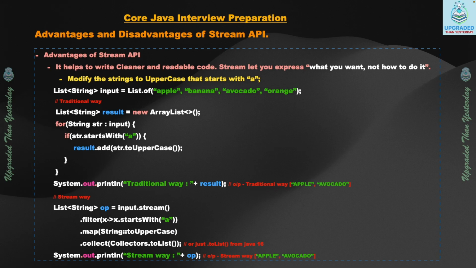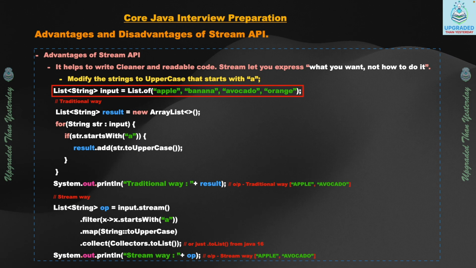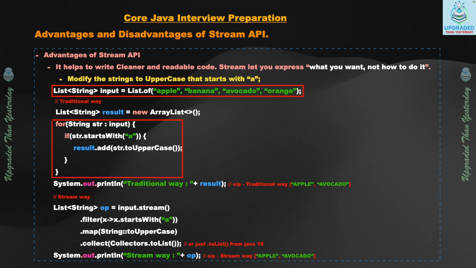Let's take an example. You are provided a list of strings and you need to modify all the strings that start with the letter A to uppercase. Look at the code. In the traditional way, you will be just looping through the given list and checking if the string starts with A. If the condition is satisfied, then you will be modifying the string to uppercase and then collecting the result.